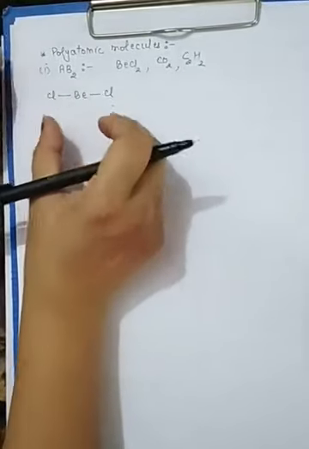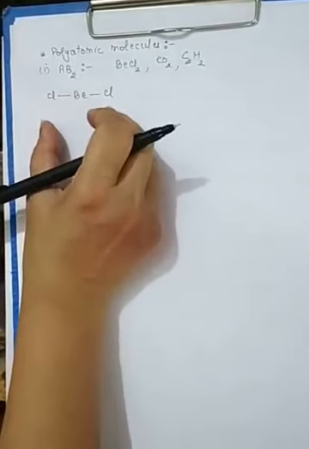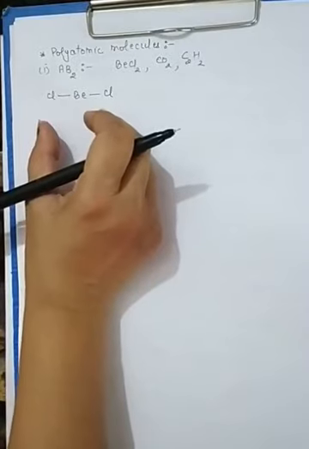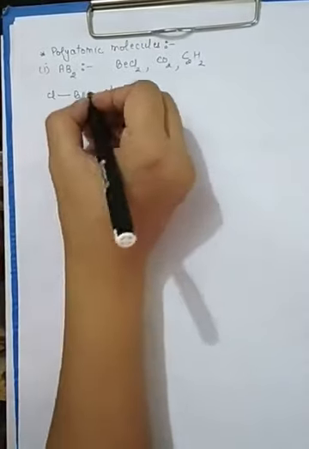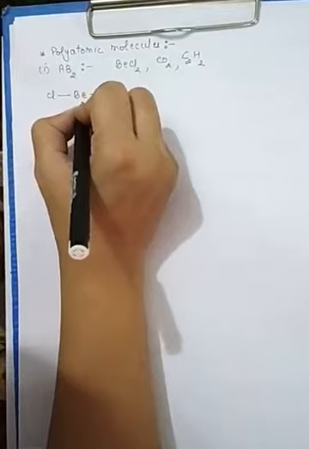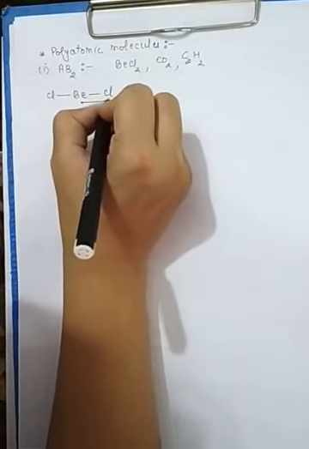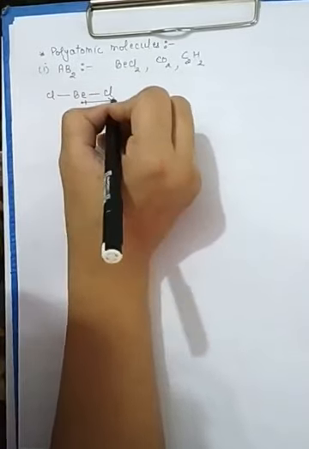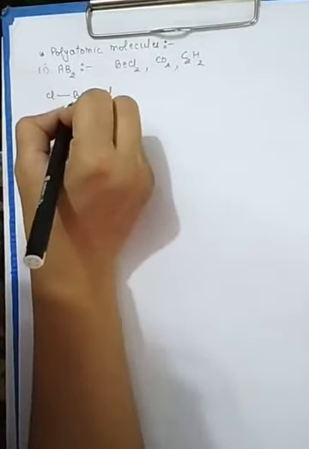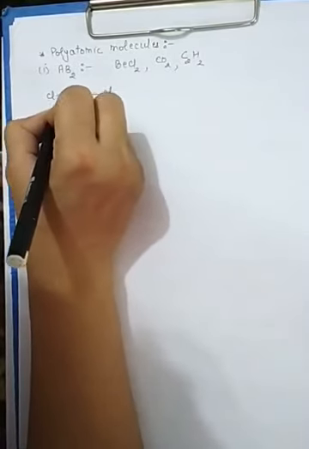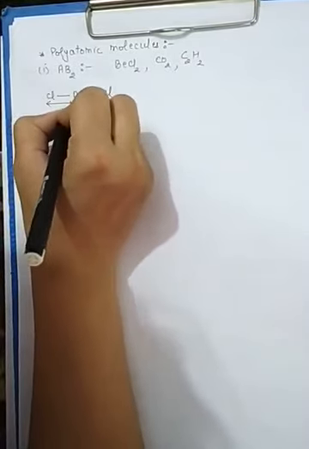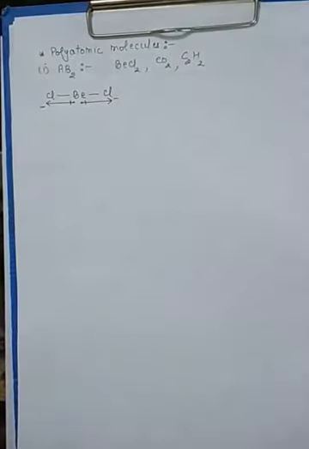So there are two bonds in BeCl2, hence it has two dipoles. Dipole from less electropositive to more electropositive, and similarly in the other bond from less electropositive to more electropositive.